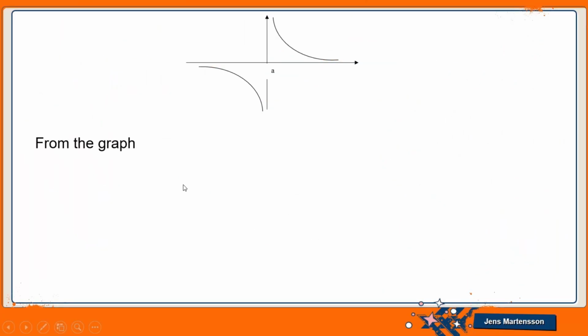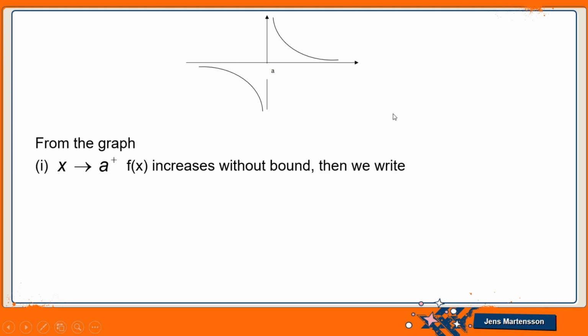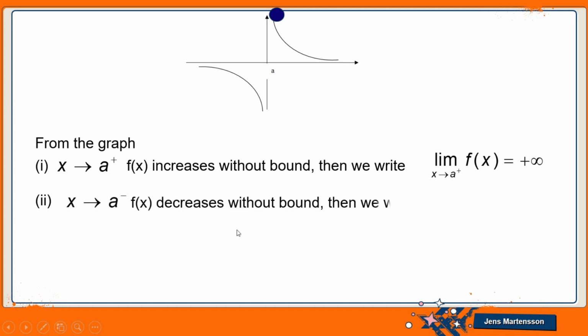Okay, from the graph we can see that when x approaches a from the right, f(x) increases without bound. Then we write limit f(x) when x approaches a from the right equal to positive infinity. Number 2, when x approaches a from the left, f(x) decreases without bound. Then we write limit f(x) when x approaches a from the left equal to negative infinity.